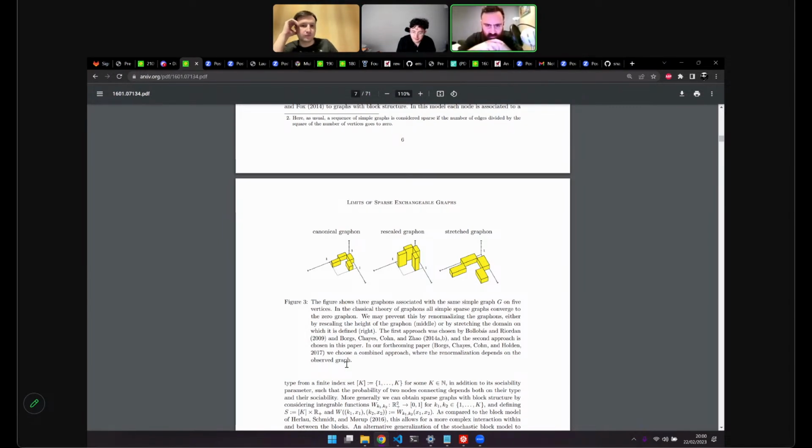They rescale the height, the value of the function, or they rescale the domain in order to keep it occupying the whole interval. Are those going to correspond to some kind of fine graining of an underlying graph?